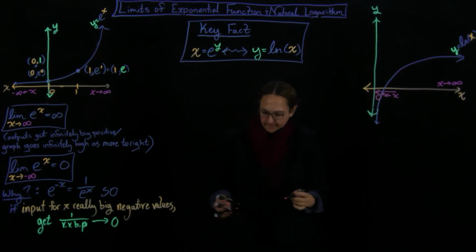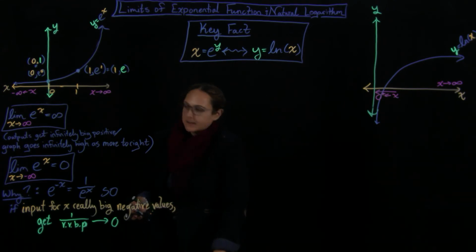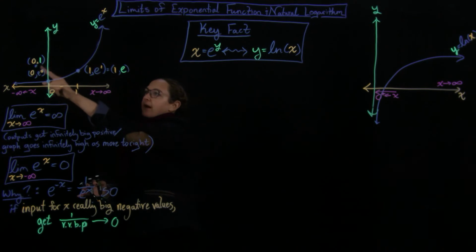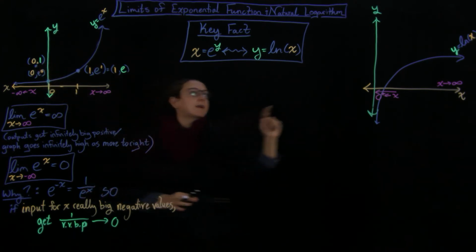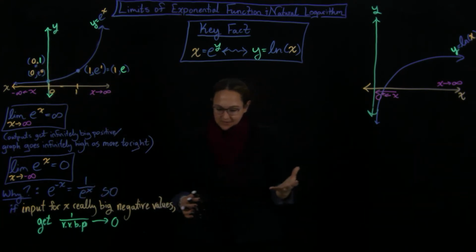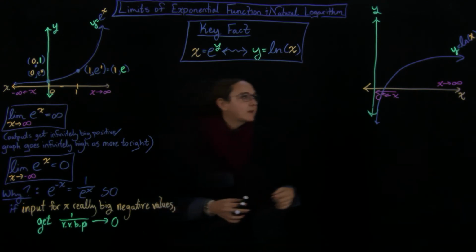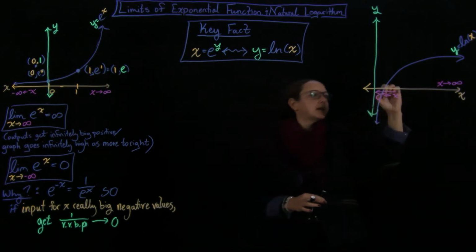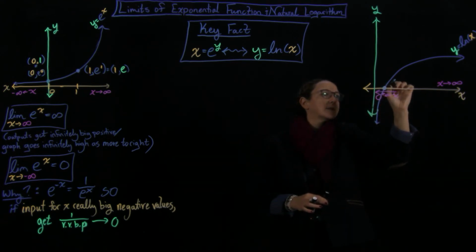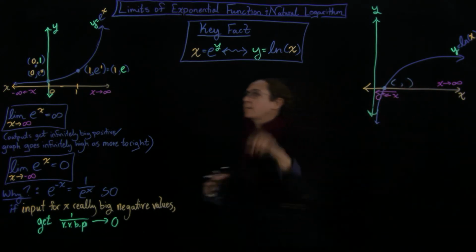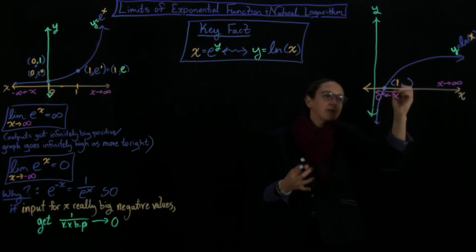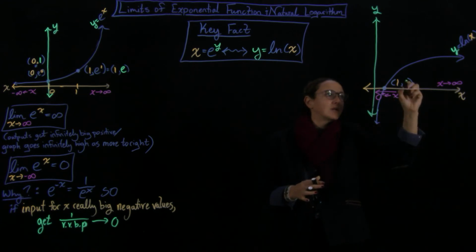Okay, so let's look at, like we did over here, there's going to be kind of paired points here. So if I have the point (0, 1) over here, I have the point (1, 0), right, because they're inverses. That tells me where I intersect the axis. Because I know I have the point (0, 1) over there, now I know I have the point (1, 0) over here, because this is how things correspond, right?